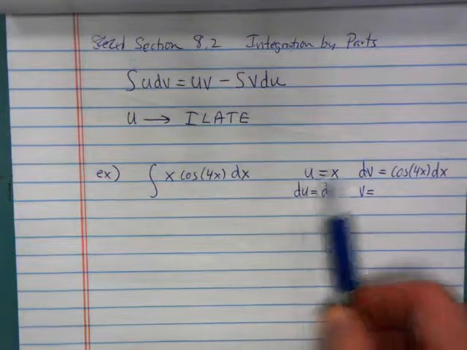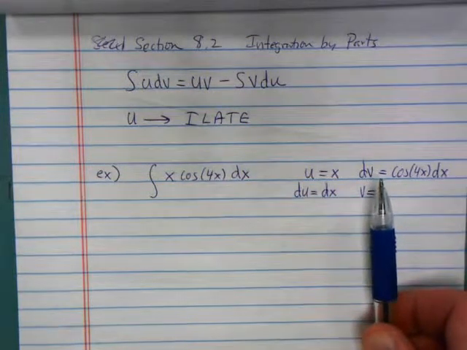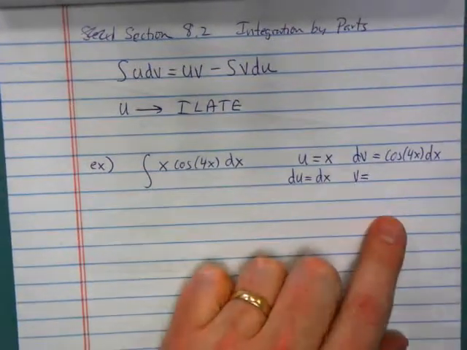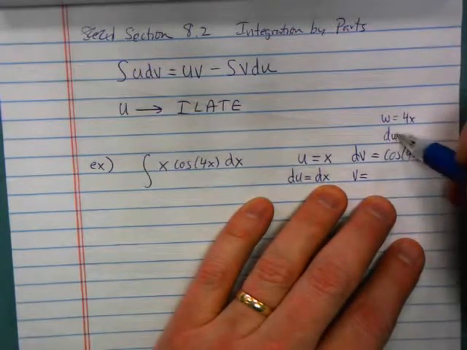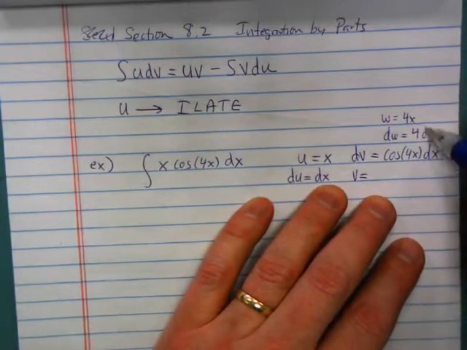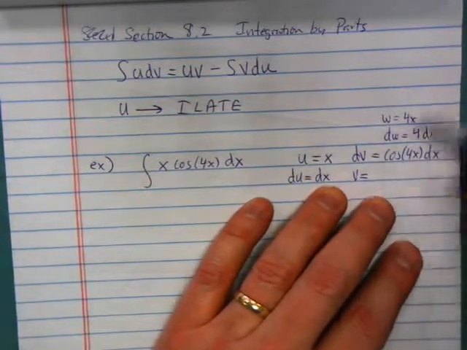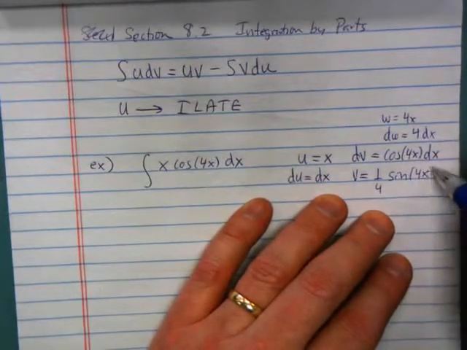No, T. U, V, W, folks. Next letter in line, U, V, W. So we would have w equals 4x. So dw would be 4 dx. So you'd have to sneak in a 4 and divide by a 1/4. So this becomes 1/4 sine of 4x.